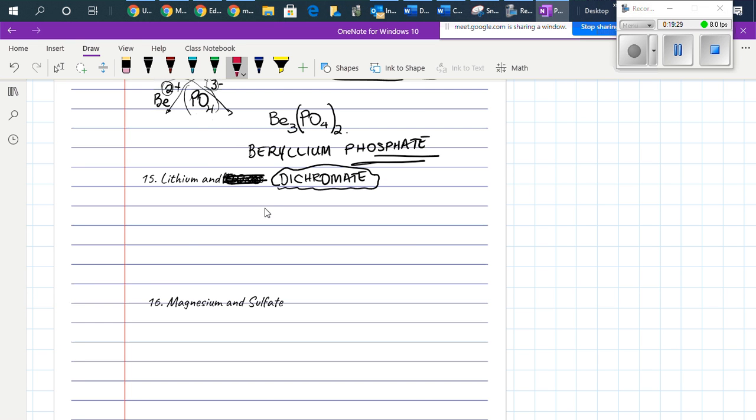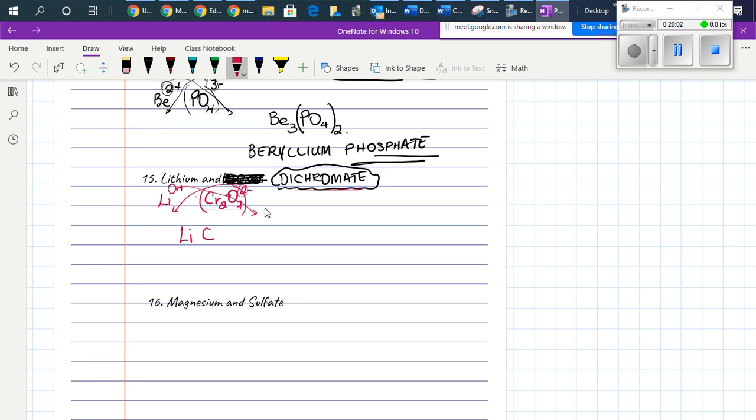So lithium, as you see in the periodic table, is +1. Let's find dichromate. Dichromate is Cr2O7 2-. Okay, so we take this and we bring it here. We take this and bring it here. The polyatomic acts as one group. You cannot break it. And in order to show that they are acting as one, you use brackets.